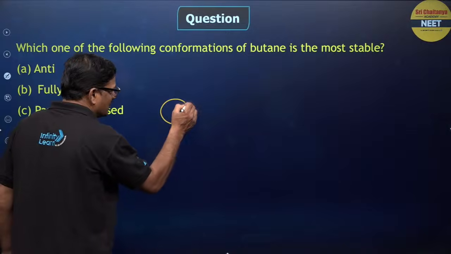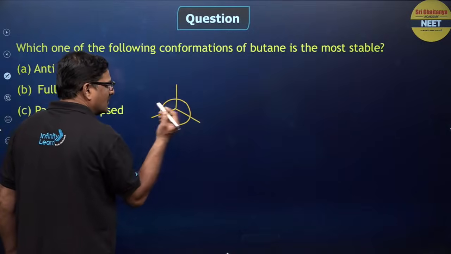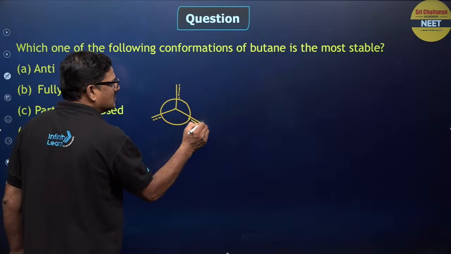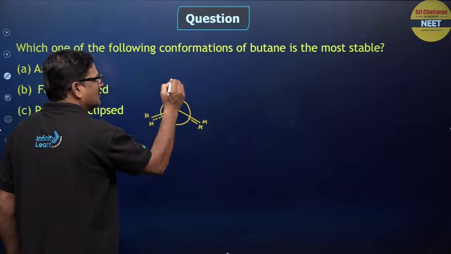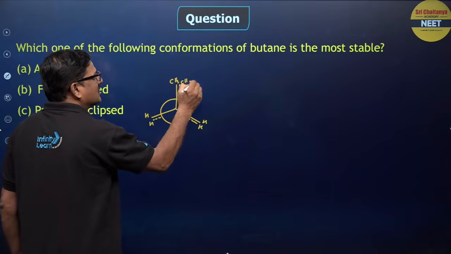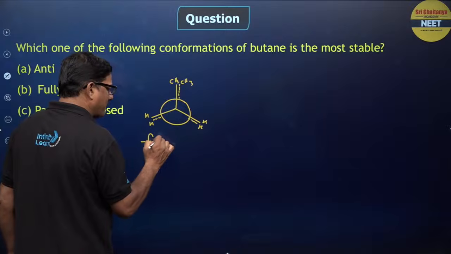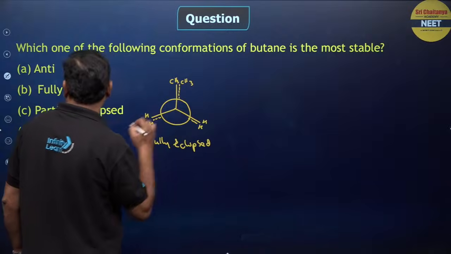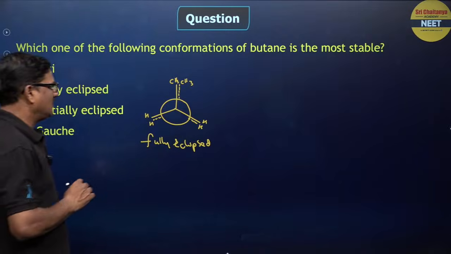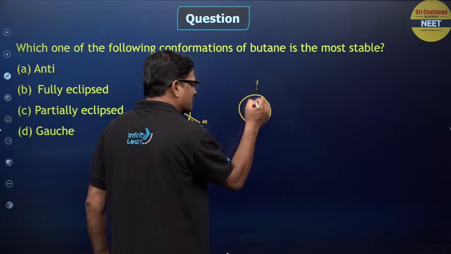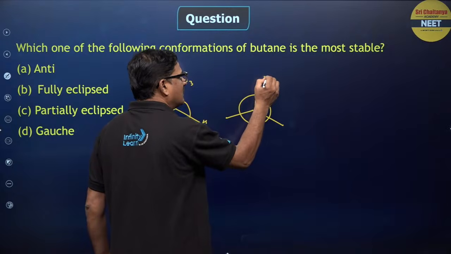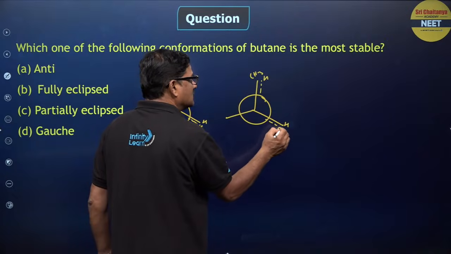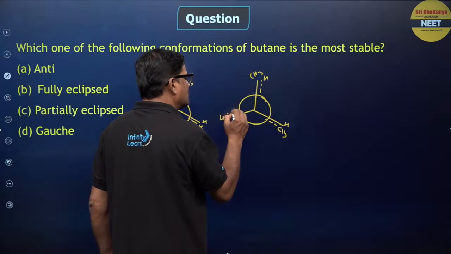Butane means this is your butane, with hydrogen, hydrogen, hydrogen, hydrogen, CH3, CH3. It is fully eclipsed. And you can say this is partially eclipsed, with hydrogen, CH3, hydrogen, CH3, hydrogen and hydrogen.